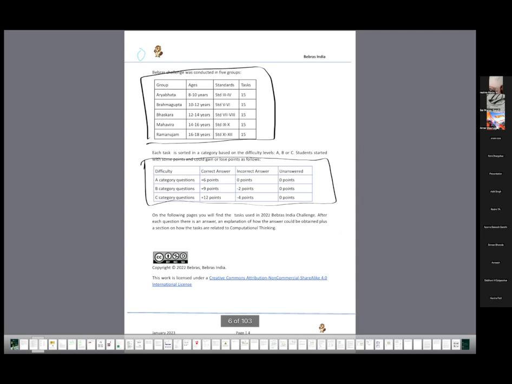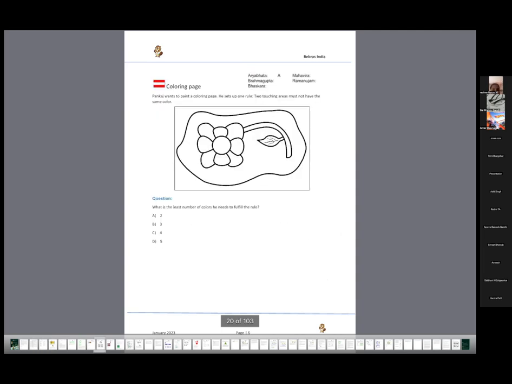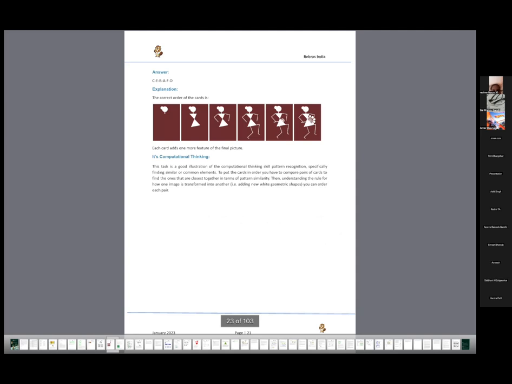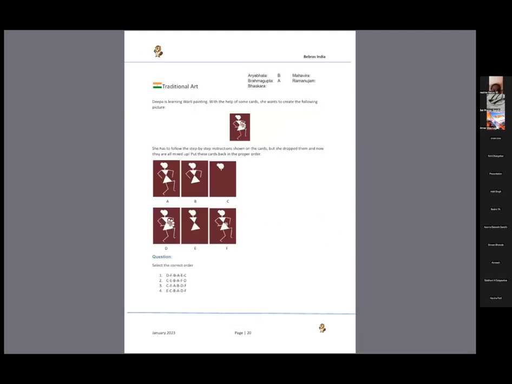So the present question which we are doing for Aryabhatta is B category. Means if a student from Aryabhatta answers that question correctly, they will get 9 marks. And if a student from Brahmaputra answers, he will get 6 marks, because for Brahmaputra students it is an A category question.